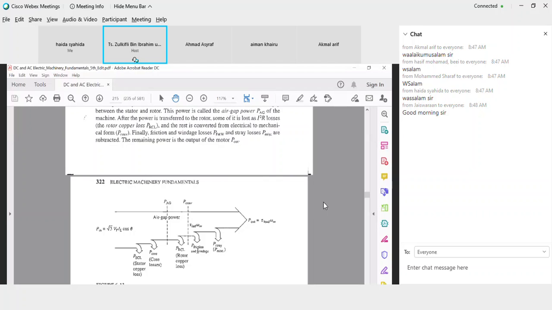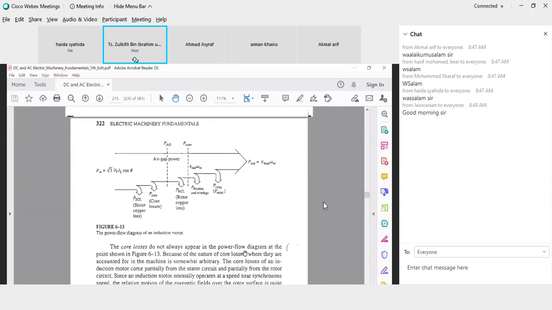It's like air friction. Okay, so that's for the power flow.